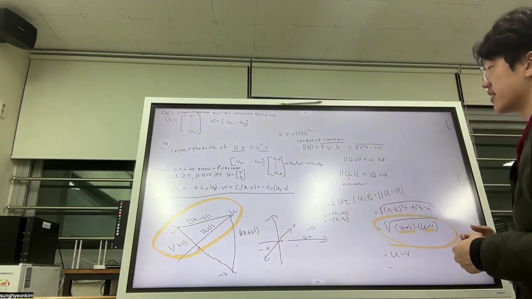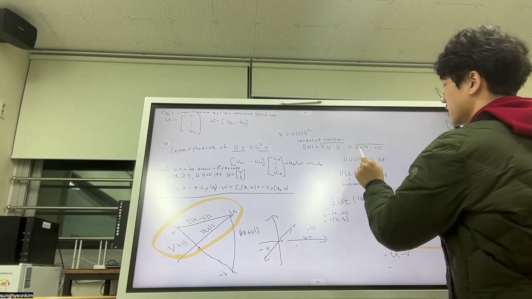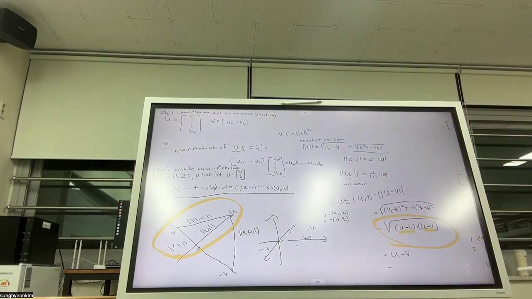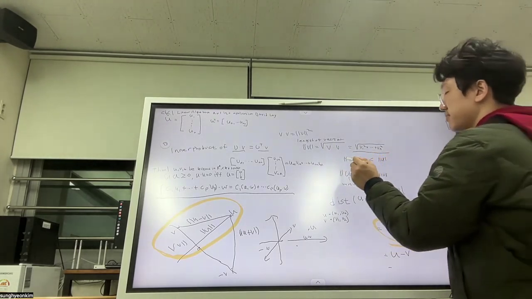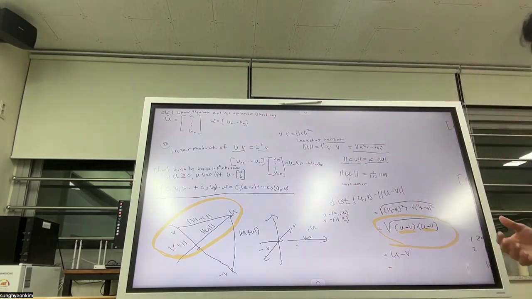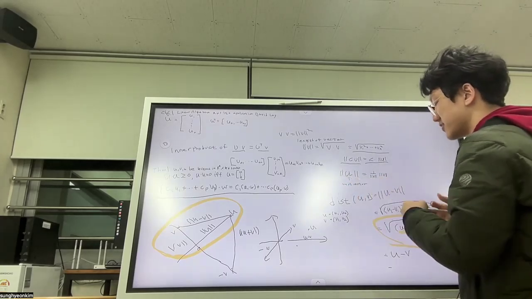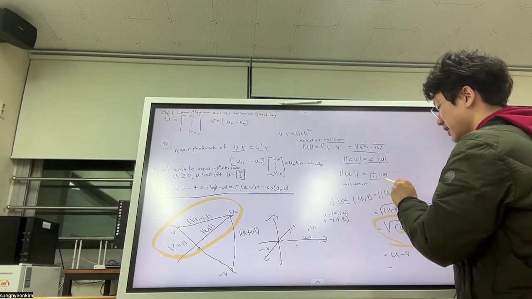The length of a vector is defined as the square root of the dot product of itself with itself, which is calculated as the square root of the sum of the squares of its elements. For c times vector u, where c is a scalar, we can take the scalar out and multiply by the length of the vector. A unit vector has length 1: dividing a vector by its own length gives a unit vector.